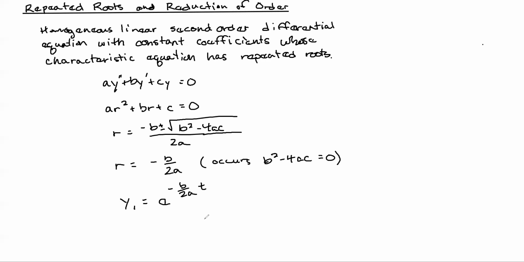With all of the previous cases, complex roots or real roots, we had two solutions, so we could plug each one into a separate formula for y and end up with two solutions. The unique thing about the repeated roots case is that we only have one solution.